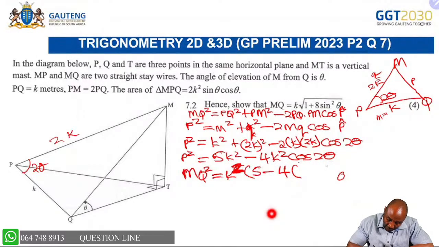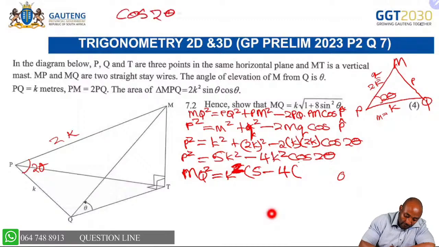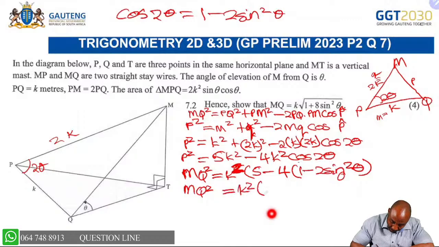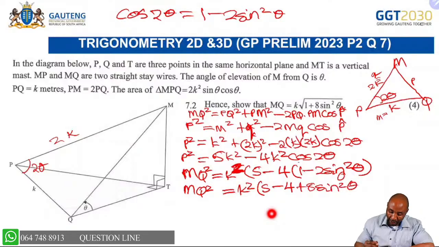The identity for cos 2 theta, I'll use the identity cos 2 theta is equal to 1 minus 2 sine squared theta. So I will substitute 1 minus 2 sine squared theta, and I'll get my MQ squared as k squared bracket 5 minus 4, negative 4 times negative 2, I get plus 8 sine squared theta. My answer is starting to take shape.